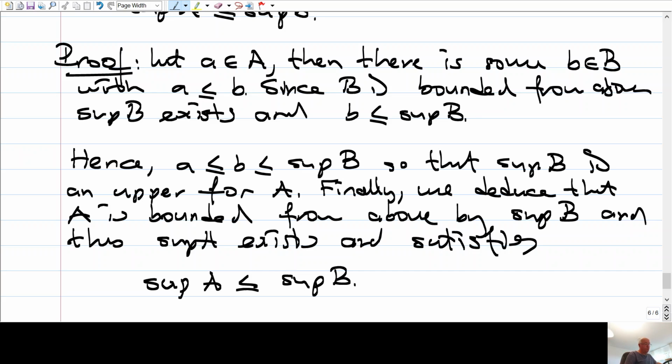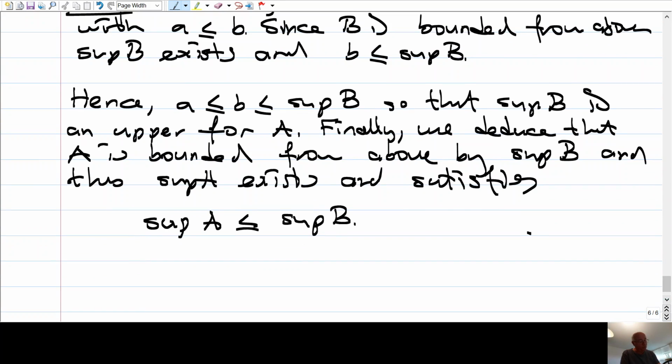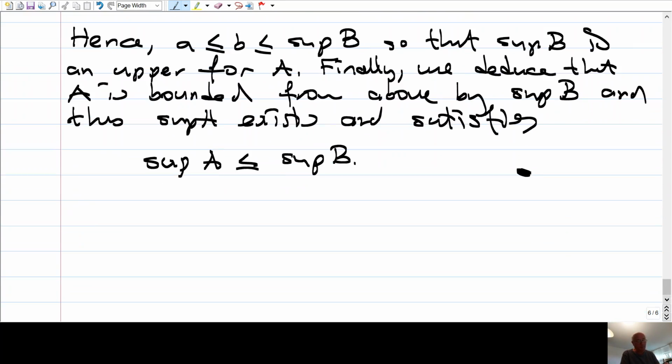Well, of course, one can state and prove dual facts. I won't do the proof of this, but let me leave it as an exercise. Or exercises, let me say. The first one is this.